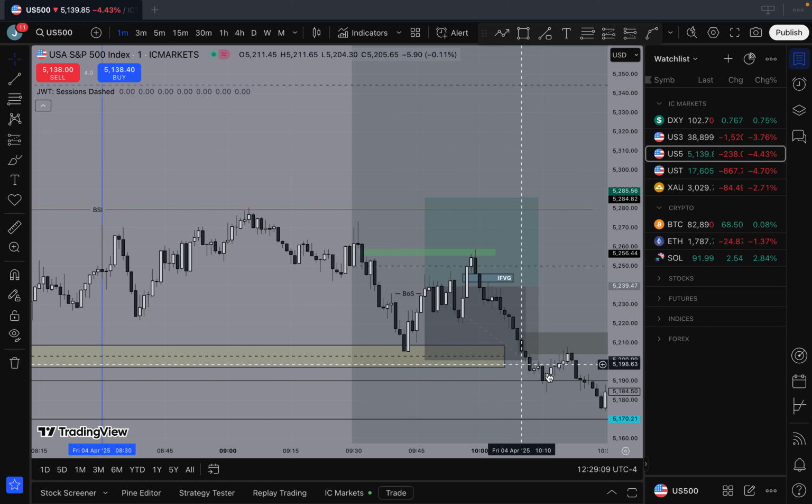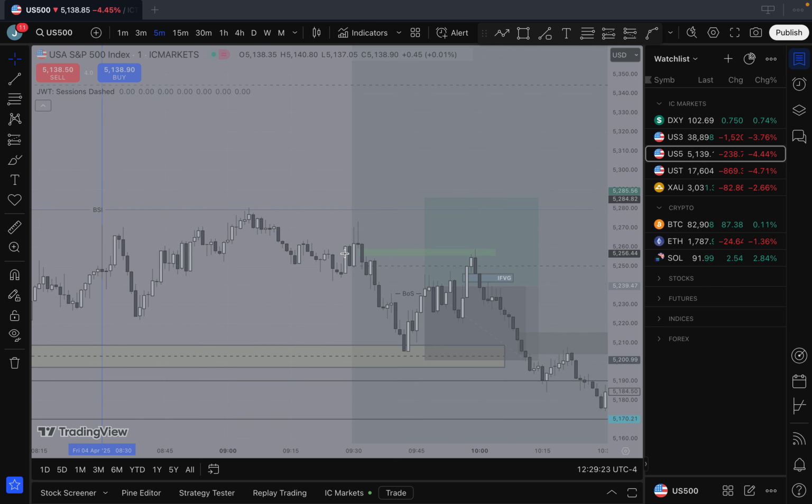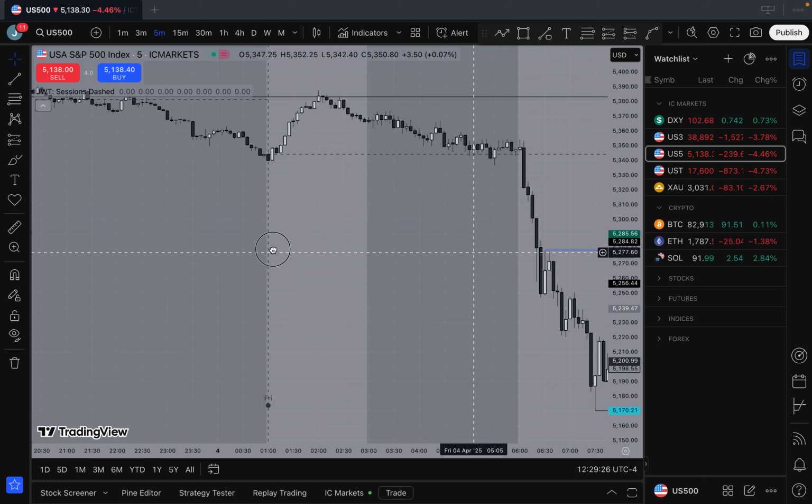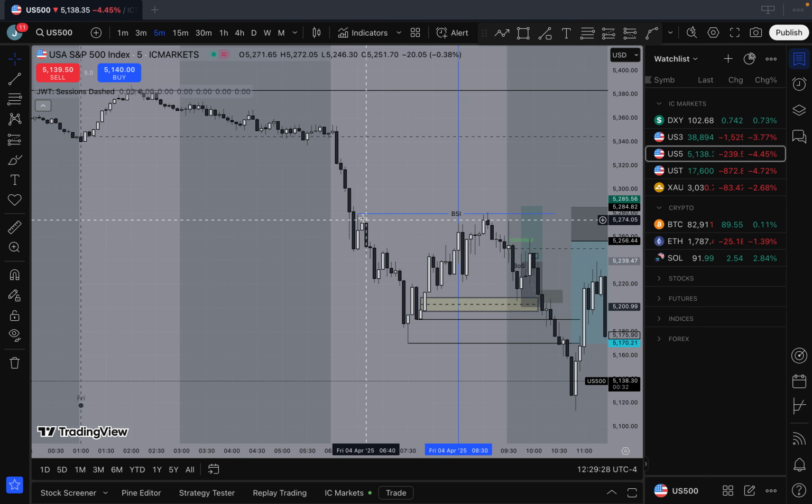After I got stopped out, I was having a look through why price continued down. Obviously, we have the higher time frame bearish bias with all these tariffs coming in. Also, we have short-term buy-side liquidity here, which price does actually sweep just before the 9:30 open.